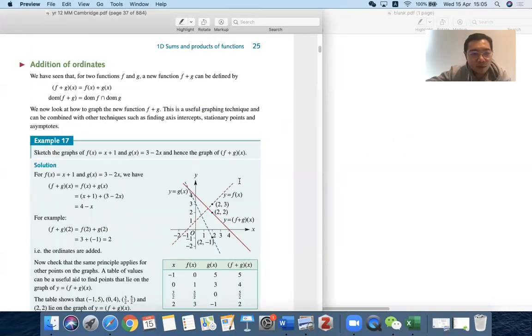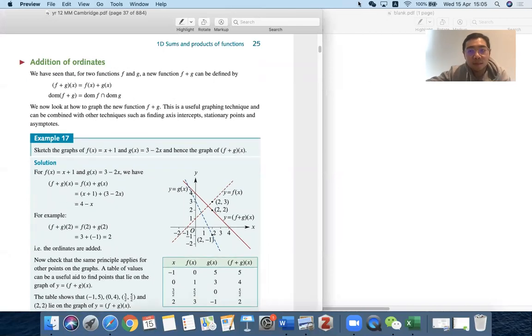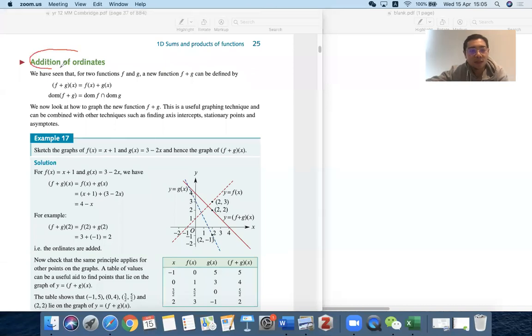For the next page, this is a technique we use. We call it addition of ordinates, or addition of coordinates, or maybe just the y values.